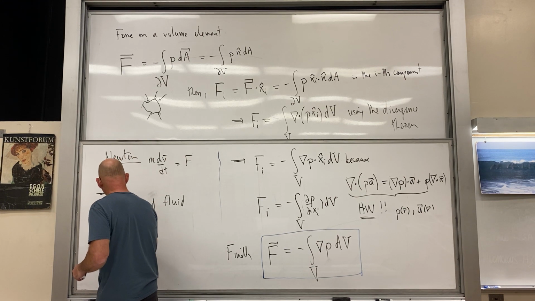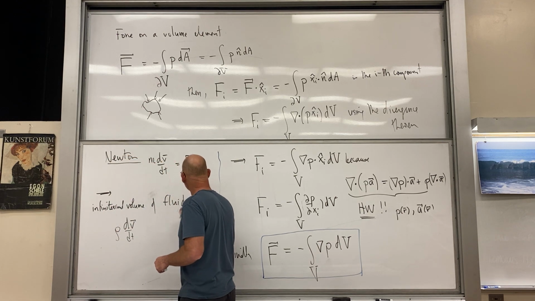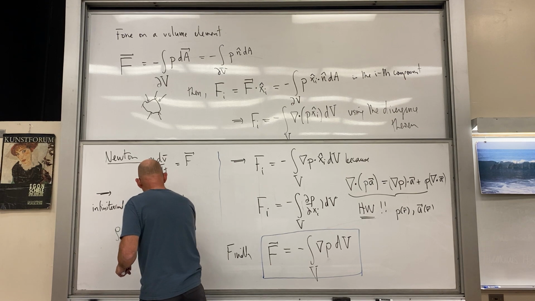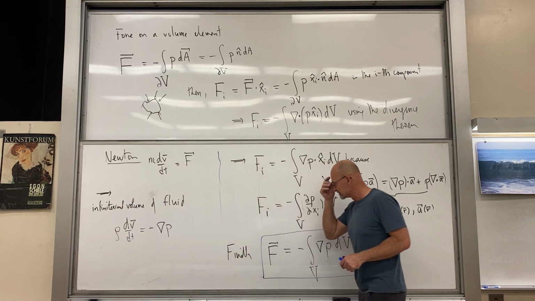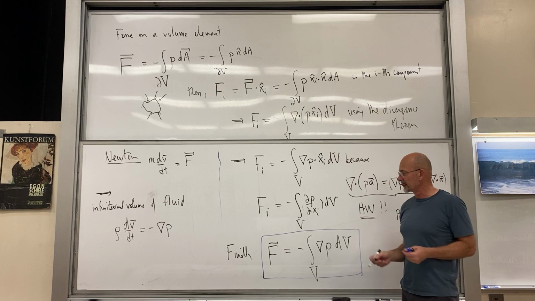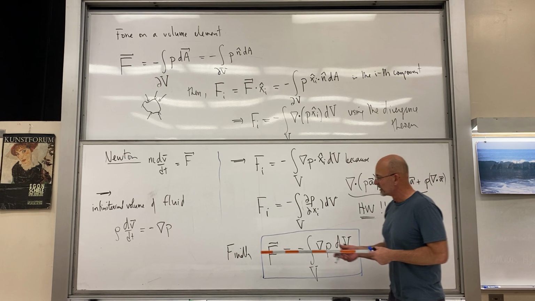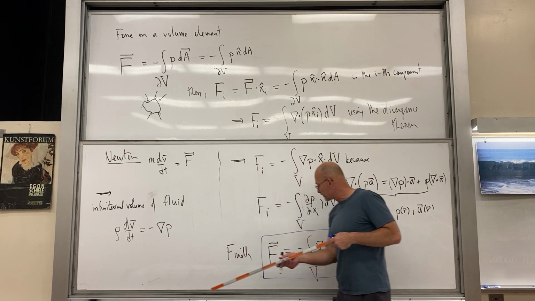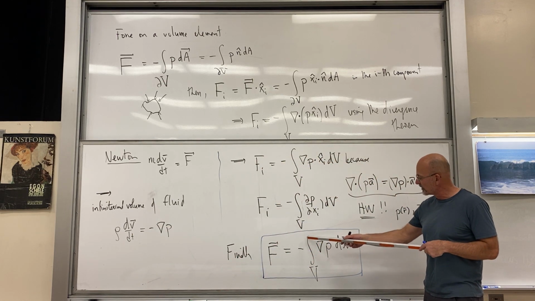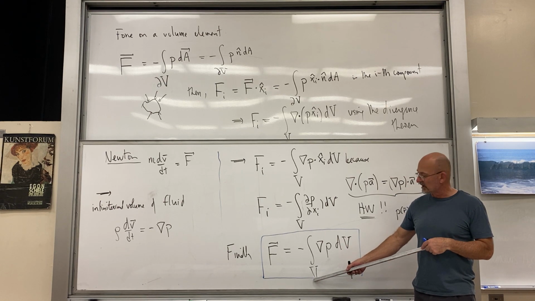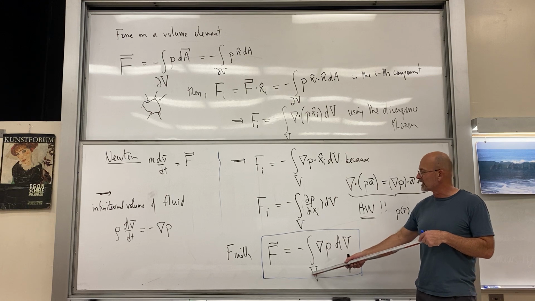Then what we have is rho dV dt, the force, is equal to minus the gradient of the pressure. Force per volume. So there's the mass per volume. So this is the force per volume. Basically, we just took our minus gradient P over this infinitesimal volume element itself.